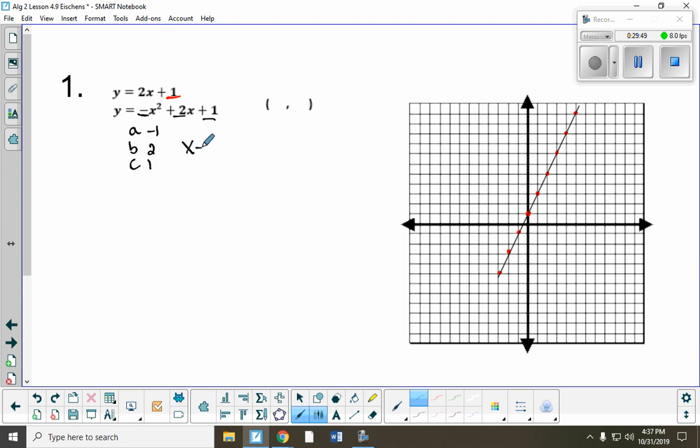So we're going to find the axis of symmetry. So it would be negative 2 over 2 times a negative 1, which is negative 2 over negative 2. So that axis of symmetry is at 1. Let's put that in a different color.